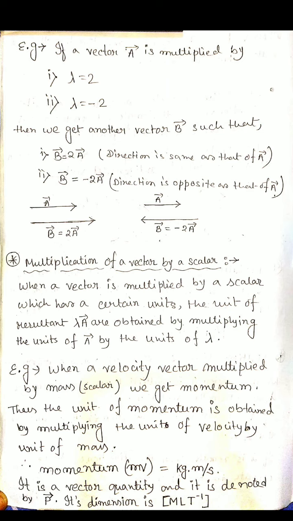Okay. So in the next class we will discuss vector addition. There are three rules: the triangle law, sometimes called the head and tail method, the polygon law and the parallelogram law, and some properties also.